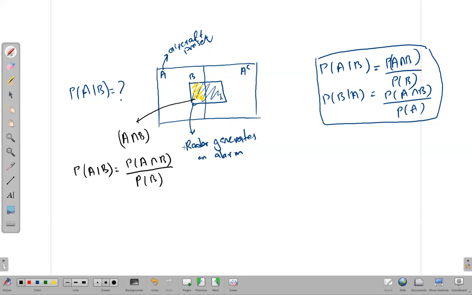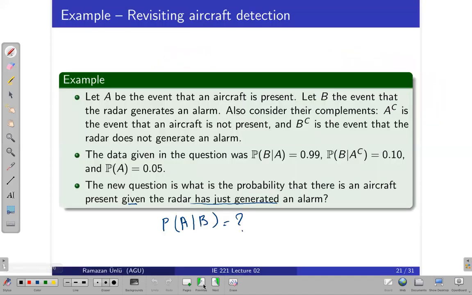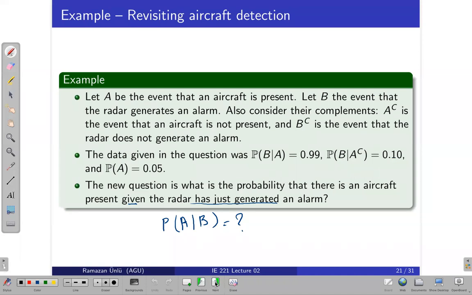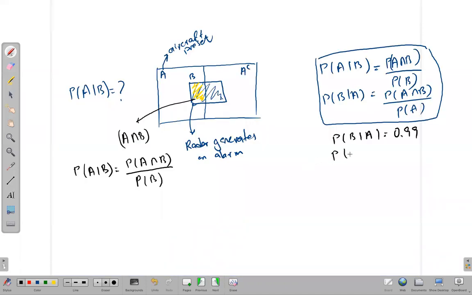By using the definition of conditional probability, let's write this in another way. First, let me write the given information here. P of B given A is 0.99, P of B given A complement is 0.1, and the last one is the probability of A is 0.05.